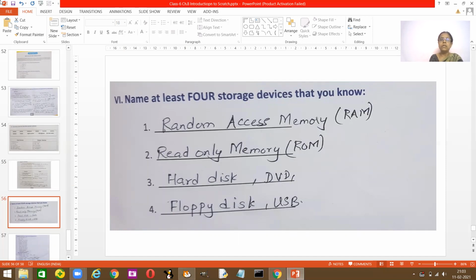So these are all types of storage devices. And the latest, of course, you have cloud computing. But these are devices they're asking. So you would give these names for the storage devices: hard disk, the pen drive, floppy disk, DVDs.